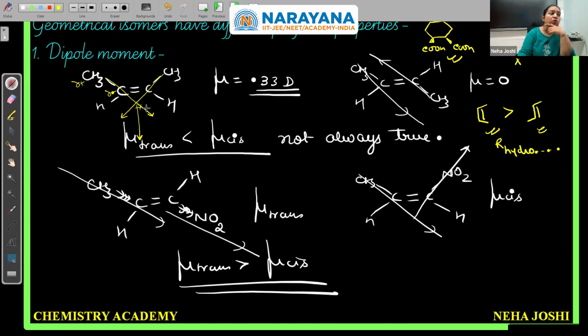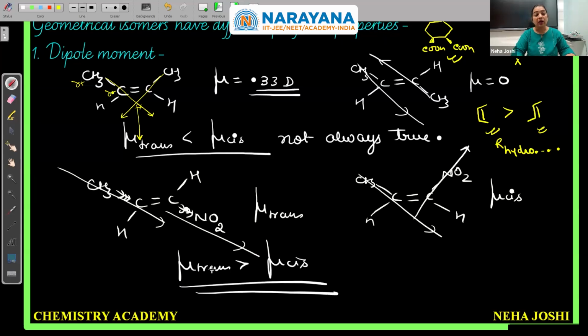But when both these groups have a dipole from the double bond, then we had this thing. But what if one group has a dipole in one direction, and the other has it in the opposite direction? Now see, trans will have higher dipole moment than cis. You cannot generalize, right?